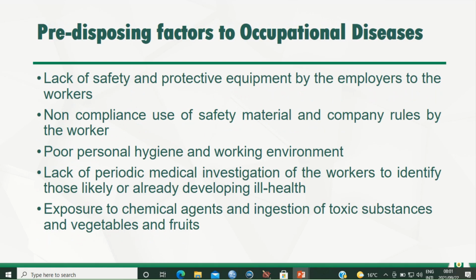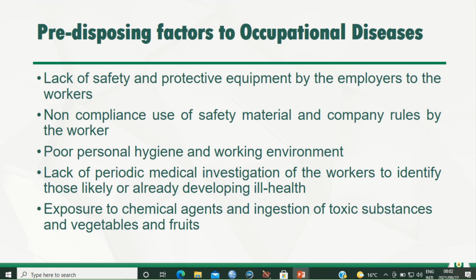What are the predisposing factors to occupational diseases? Lack of safety and protective equipment provided by employers to their workers. When employers do not provide safety and protective equipment to their employees, it can predispose employees to occupational diseases.